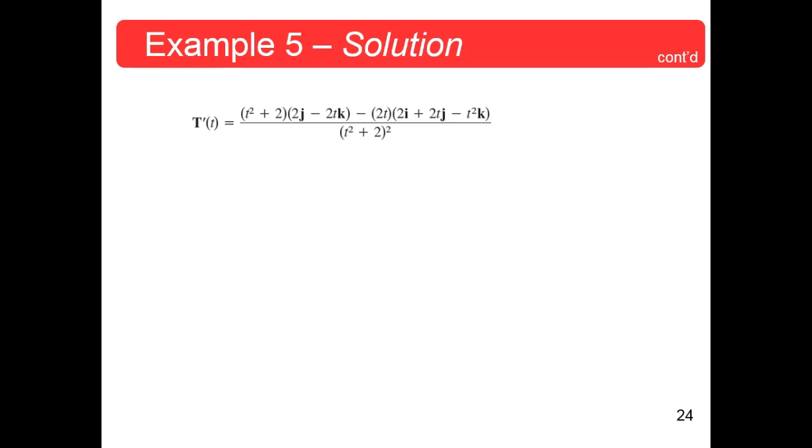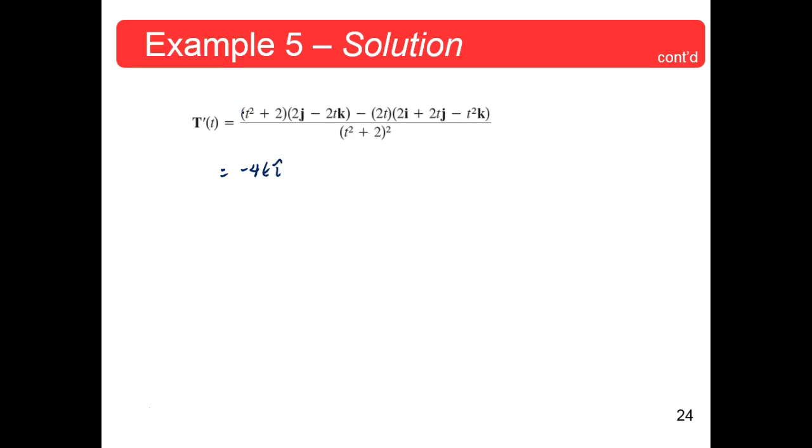Okay, so this isn't so awfully bad, but it could be worse, I guess. So your i component is going to be minus 4ti, I'm going to write that down, minus 4ti.